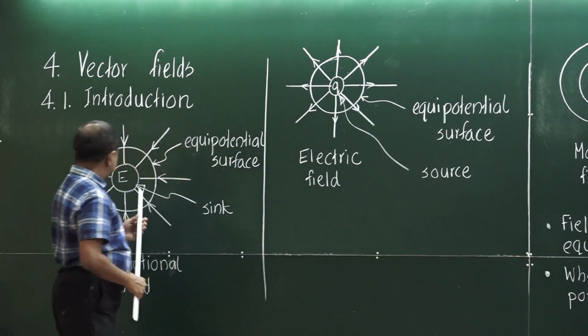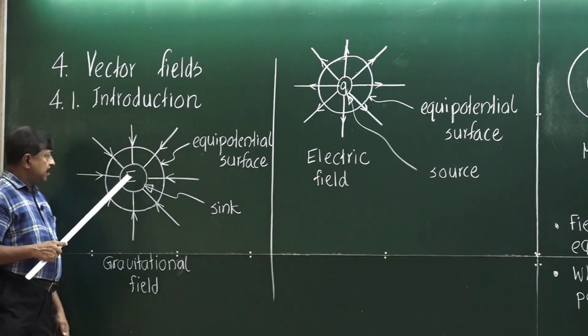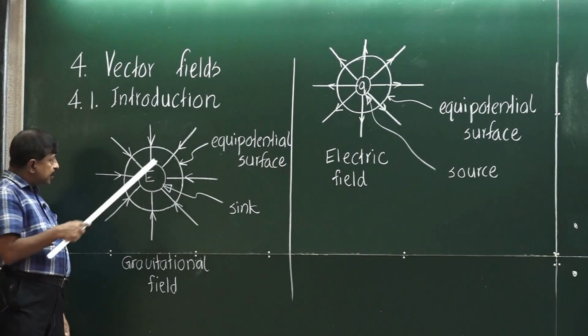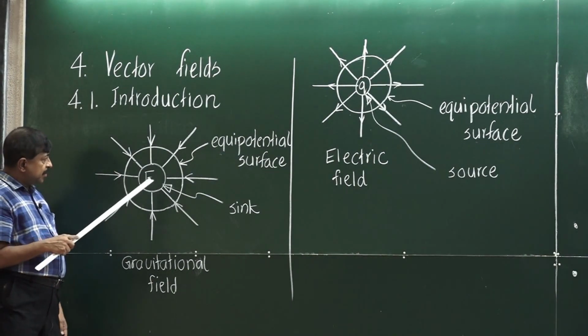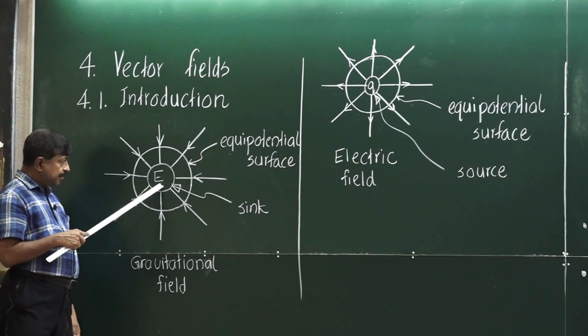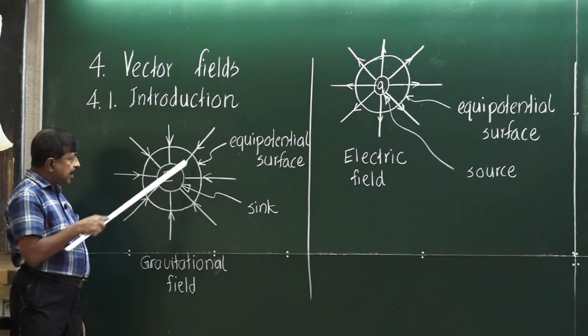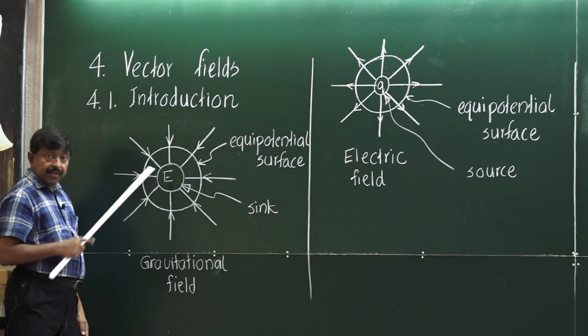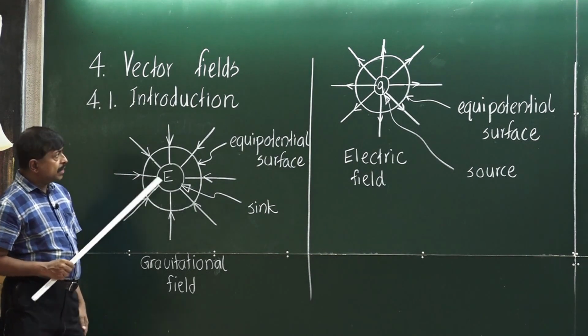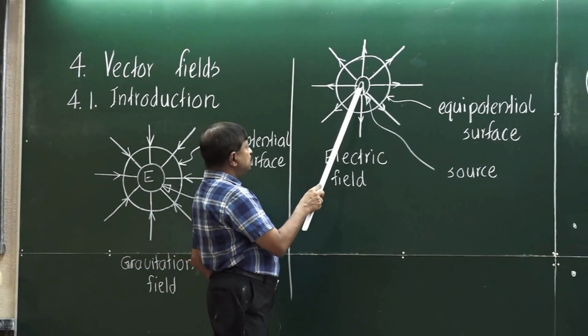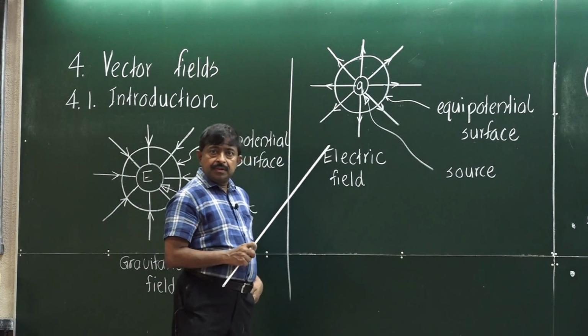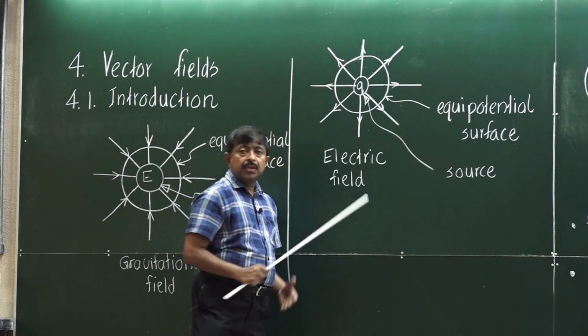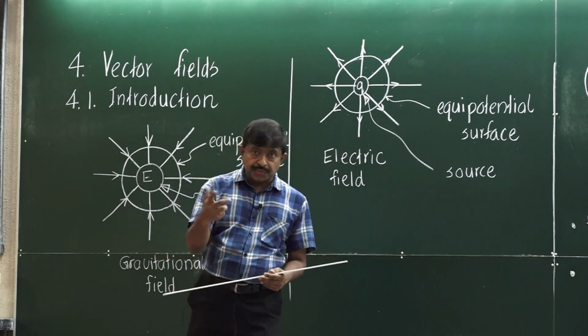And also, the earth attracts all these masses, so it is a sink. All the field lines are towards the sink, and on the other hand, this point charge, which is positive, plays the role of a source.